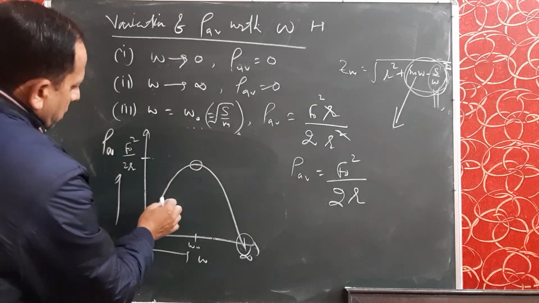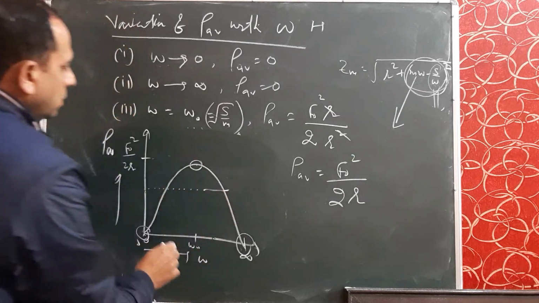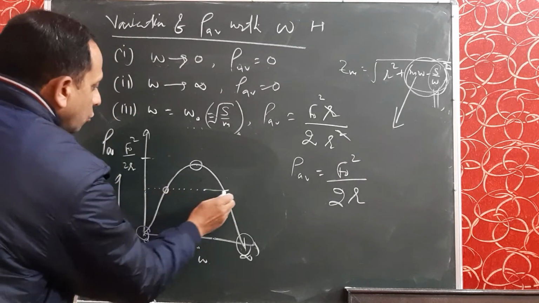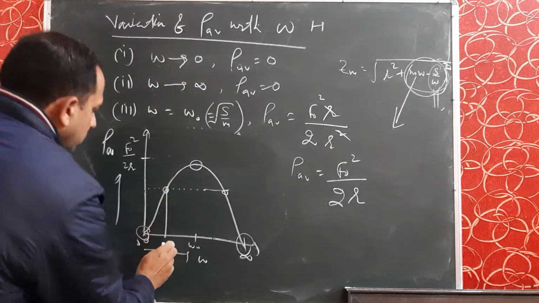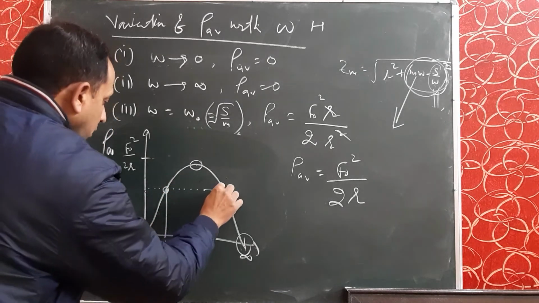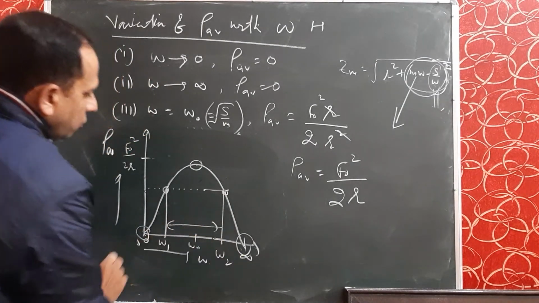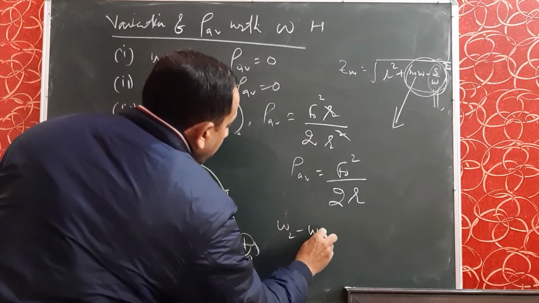If we draw any line in this graph, that line will cut the graph at 2 points. Let the frequency corresponding to the first point be omega 1, and the frequency for the second point be omega 2, and the difference in frequencies is omega 2 minus omega 1.